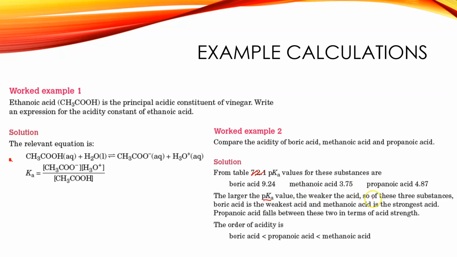So these three substances, put in order, boric will be the weakest, methanoic will be the strongest, and propanoic is going to be in between the two. So when we give our order, we just put it from the largest value to the smallest value because it's asked us to give them in comparing the acidity. So the weaker the acid, the less acidic that it is.